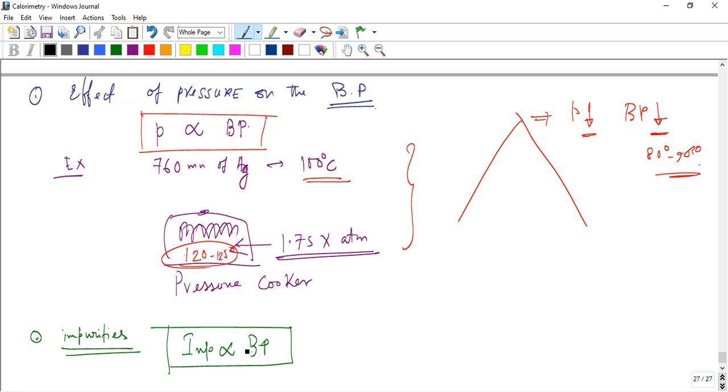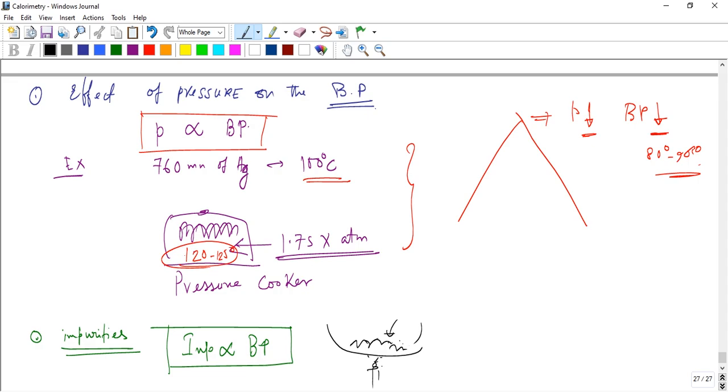If salt is added in cooking, the boiling point also increases. Salt is added to water, or in cooking, frying, any curries, or making vegetables.